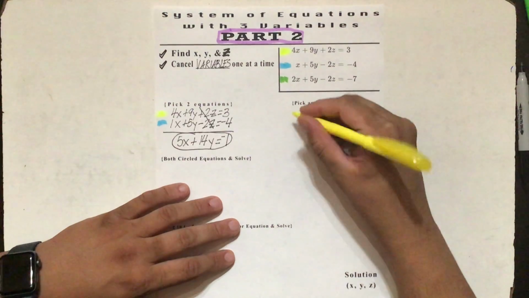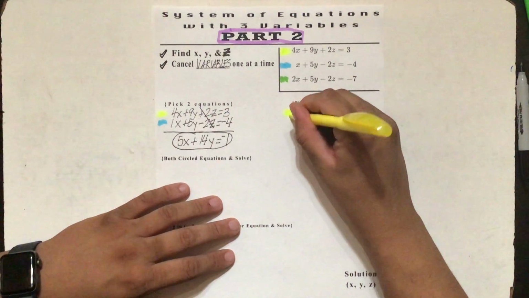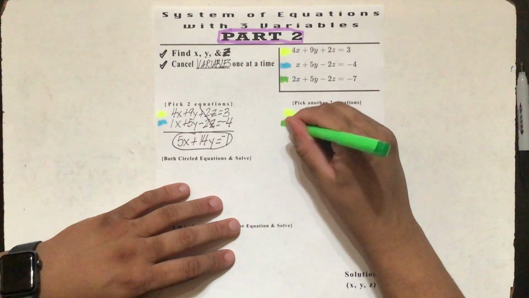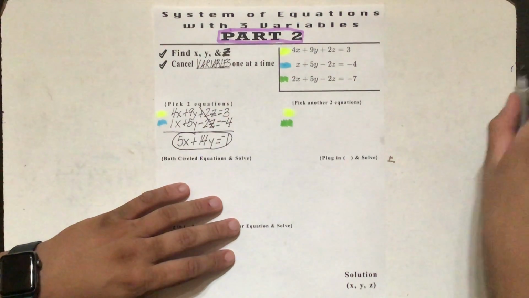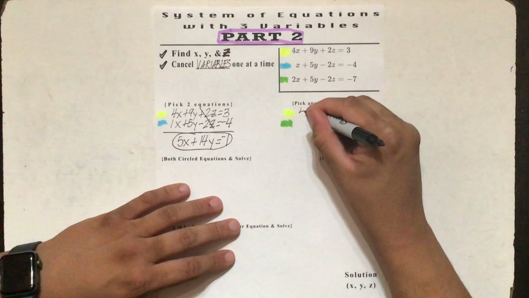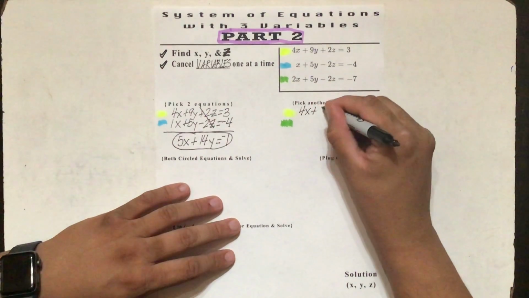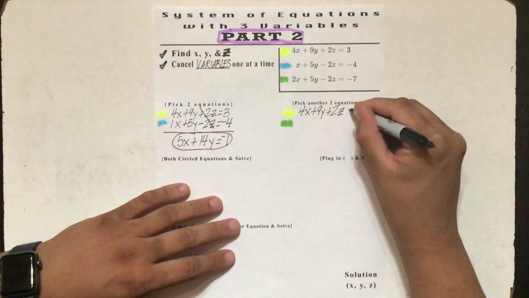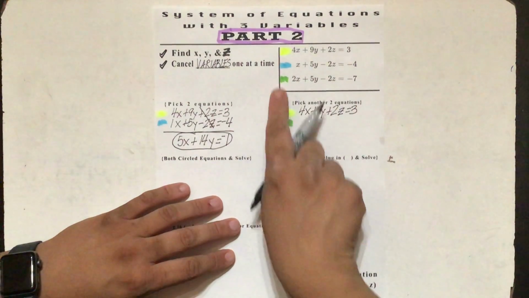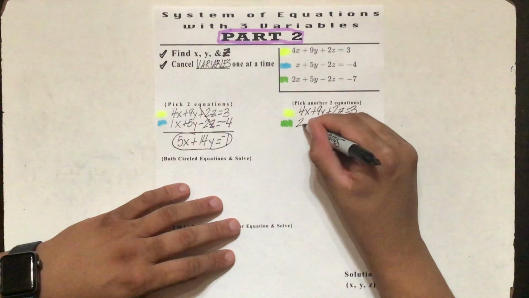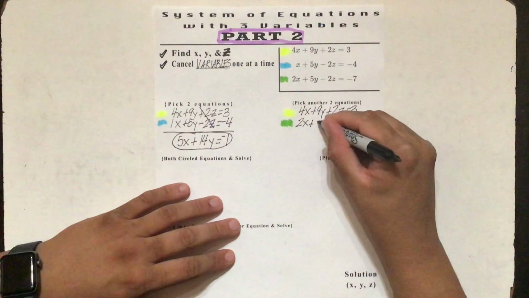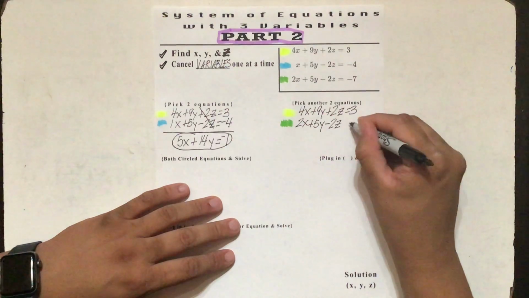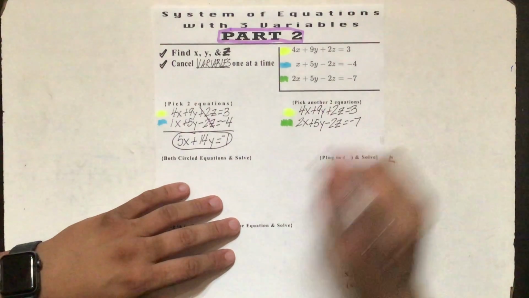So I'm going to do yellow here, and I'm going to do green here. So I'm going to copy over the yellow, 4x plus 9y plus 2z is equal to 3. And then green, I'm going to copy 2x plus 5y minus 2z is equal to negative 7.